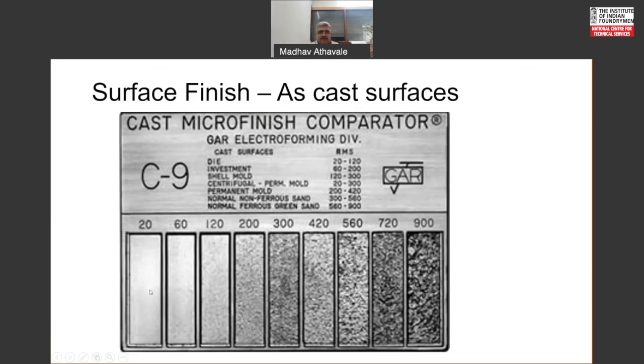Here you see the roughness going from an RMS value of 20 all the way up to 900. So this is used as a visual comparator for inspection of the castings. I'm sure many of you would know this, many of you might be using this.